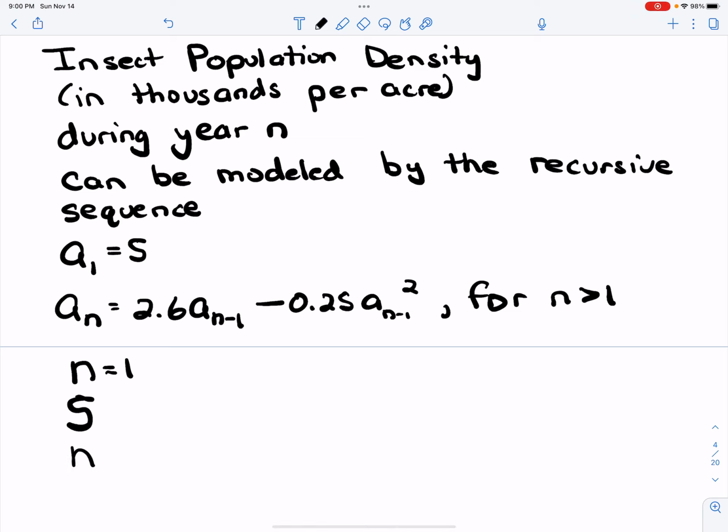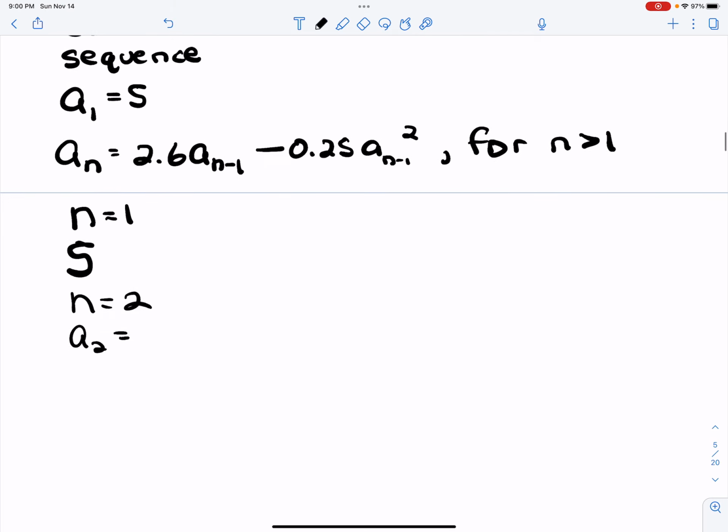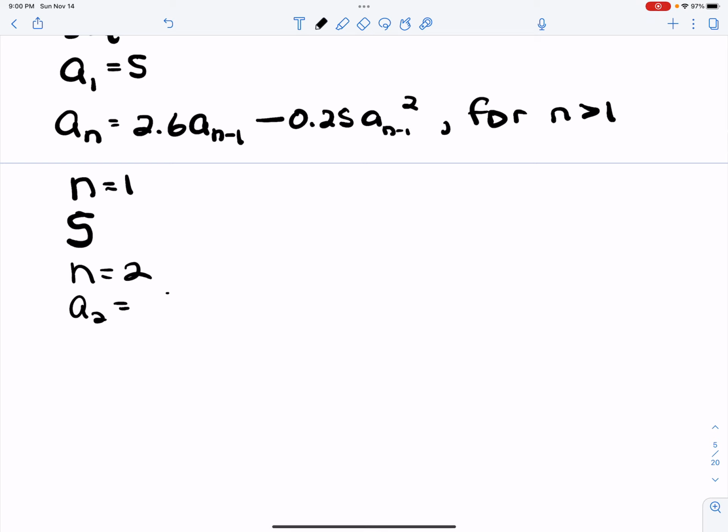If we want to find the population for n equals 2, trying to find a sub 2, that would be 2.6 times a sub n minus 1, which would be a sub 1, or 5, minus 0.25 times 5 squared. When I worked that out, 2.6 times 5 minus 0.25 times 5 squared, I got 6.75.